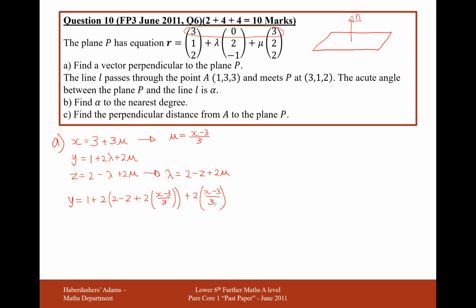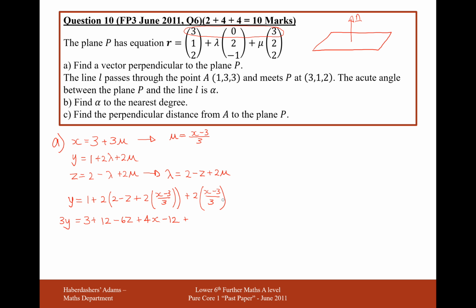Okay, the next thing I'll do, I don't like these fractions, let's multiply through by 3 on each of these values. So we're going to get 3y equals 3 plus, we'll leave the 2 out the front, we'll expand the brackets at the same time, so we're going to get 4 times the 3 will get 12, 2 times the z times the 3 will get minus 6z, and then because this is all a fraction over 3, none of this needs to be times by the 3 part, but it does by the 2 and the 2, so this will be plus 4x and minus 6 minus 12.